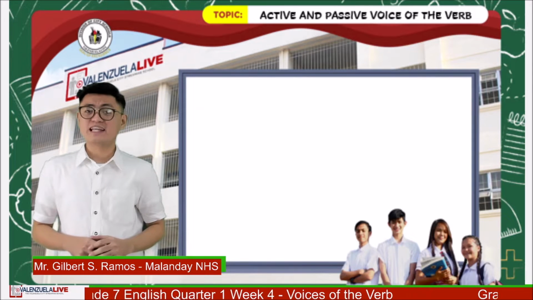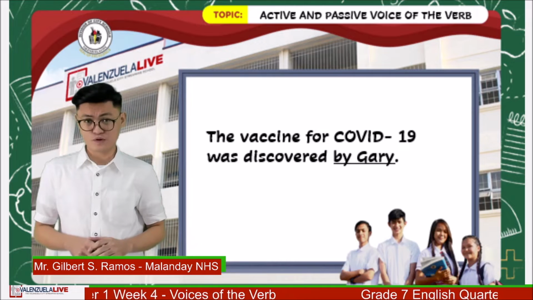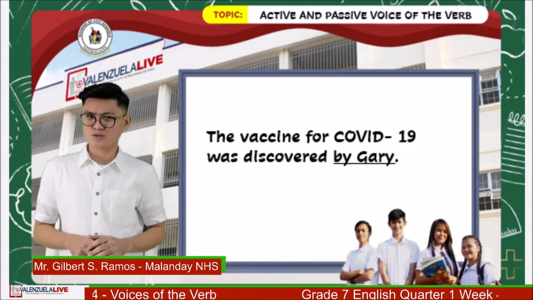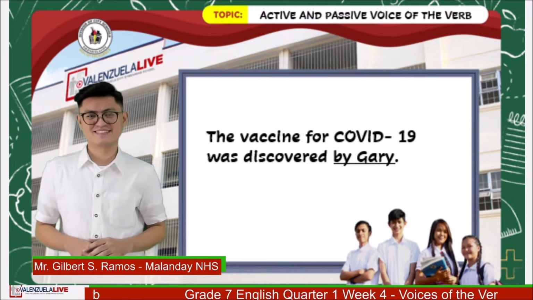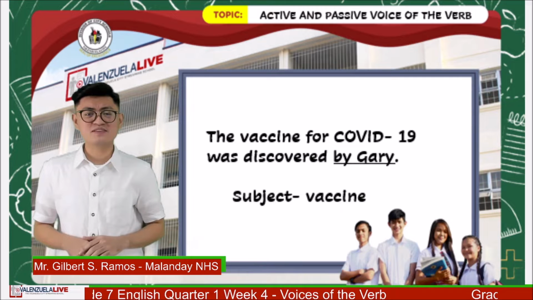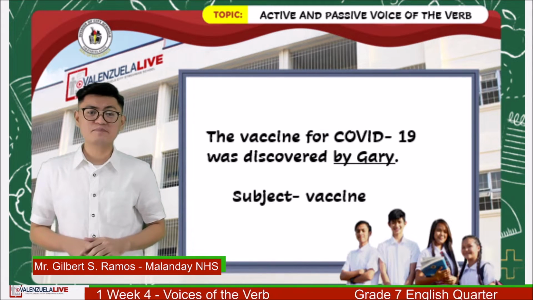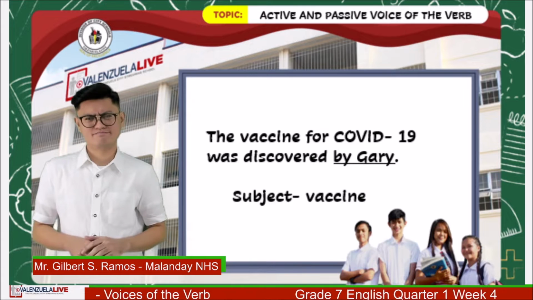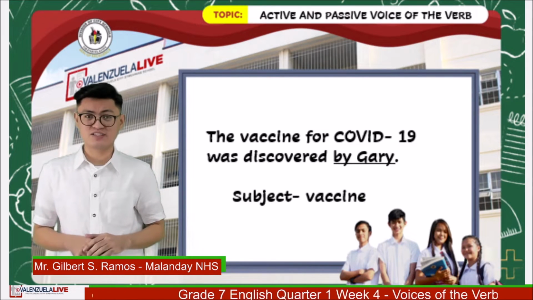Now, let us take a look at the subject in sentence number 2. Will you help me identify the subject? Great! The vaccine for COVID-19. Since we're talking about an actor, do you think the subject performed the action in the sentence?